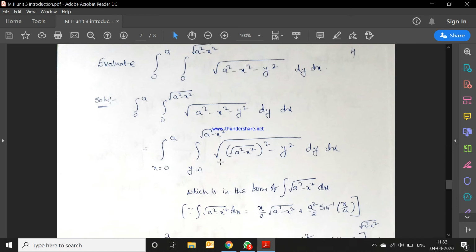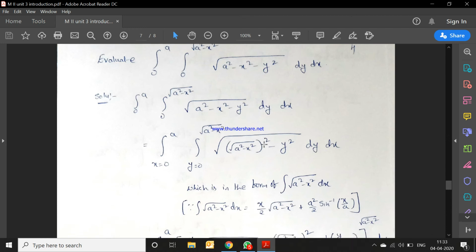Here the given function is written as under root of a square minus x square whole square minus y square dy dx. Why? Because first we have to integrate with respect to y. So here y is a variable, remaining all are constants. So that's why I write a square minus x square as one term and write under root of a square minus x square whole square.